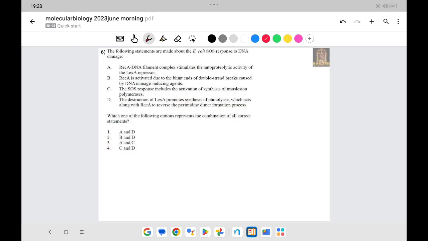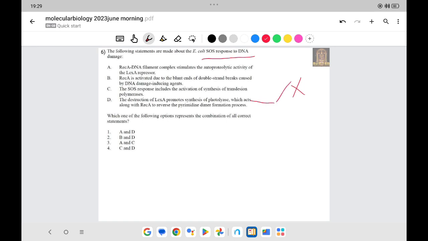So here this question is on E. coli's SOS response to DNA damage. First of all, the conventional DNA repair mechanisms work before the DNA replication happens. If that fails, or the exposure to UV rays or mutagens during the DNA replication can induce pyrimidine dimers or certain kinds of lesions.